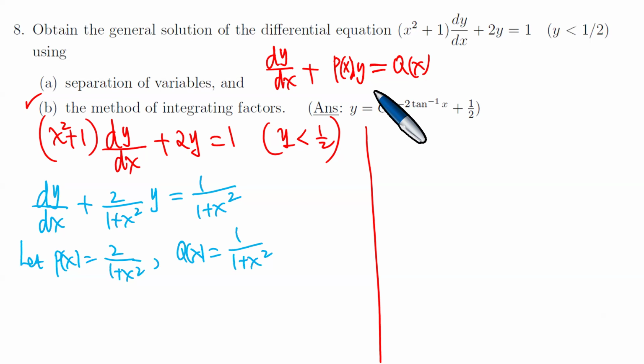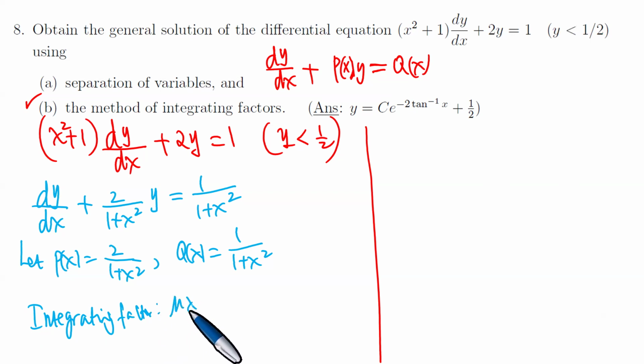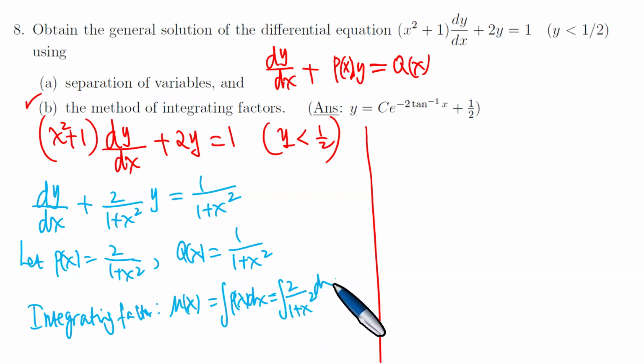Let's continue. Right, so what do we do now? We need to find the integrating factor. Normally you can call it mu. The integral of 2 over 1 plus x squared dx.